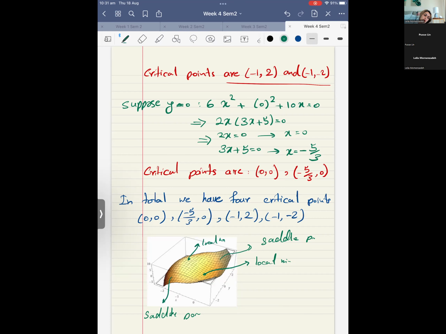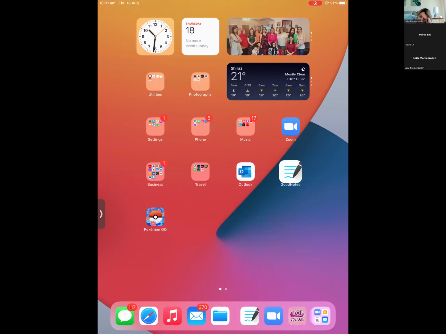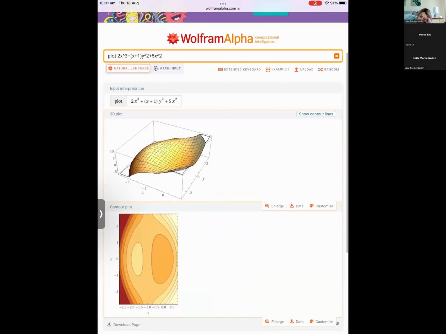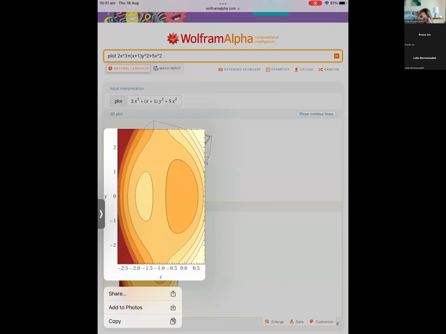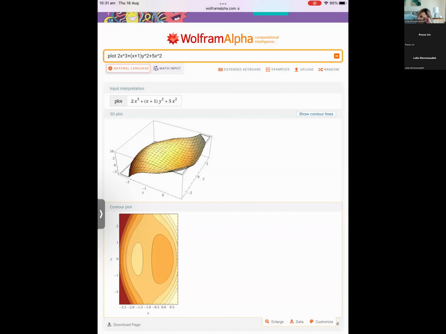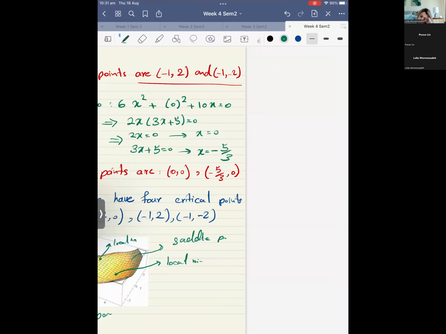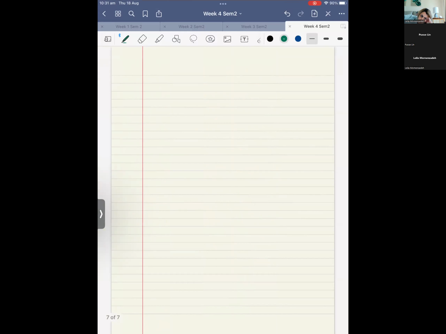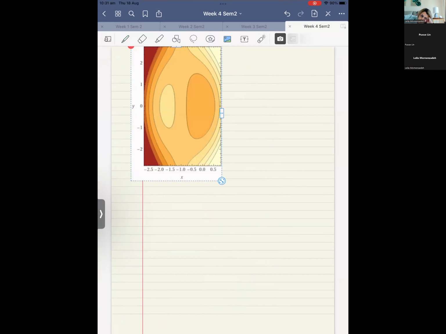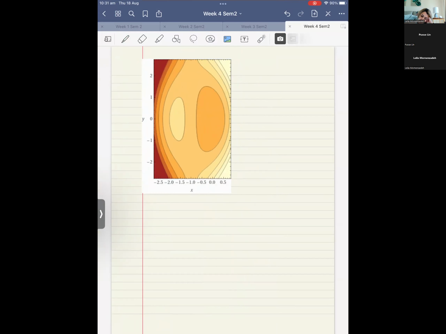If I show you the contour plot here, copy, paste, you can see better here. You know, this is 2 points, these 2 circles.